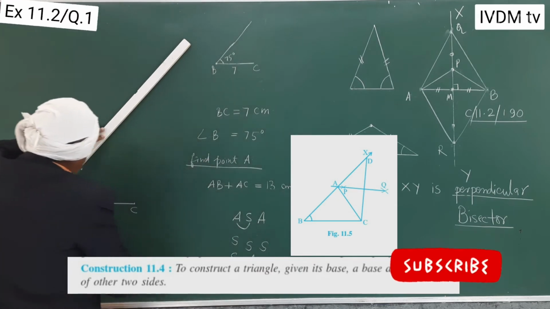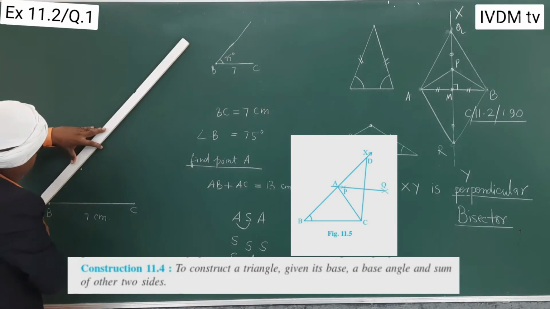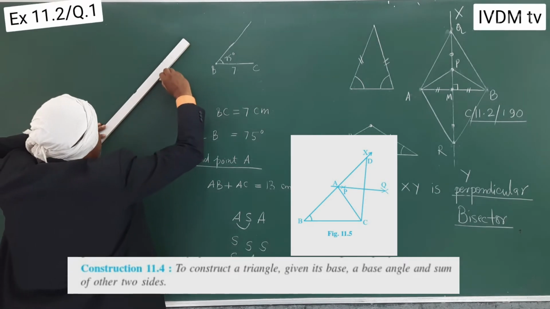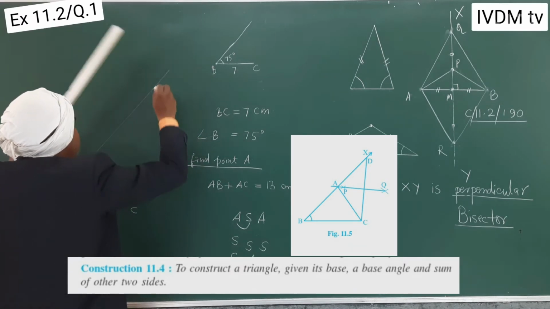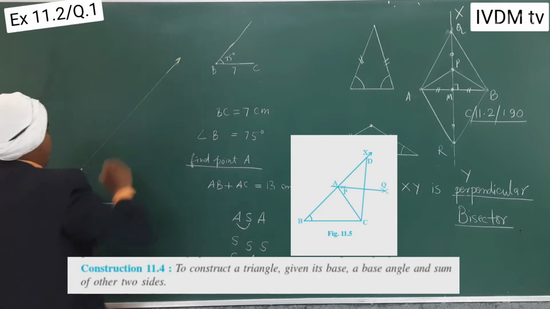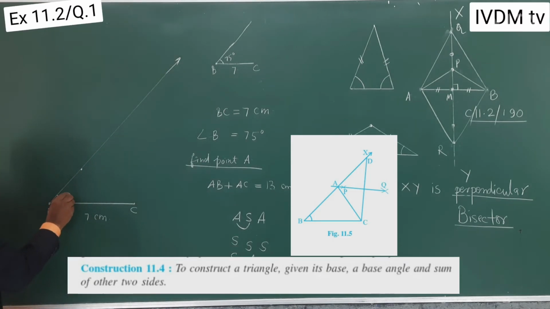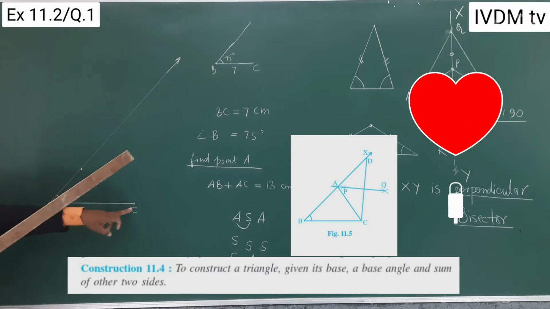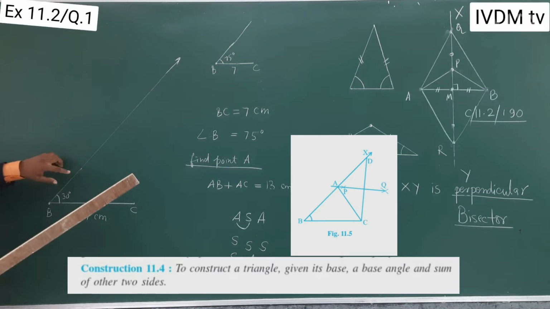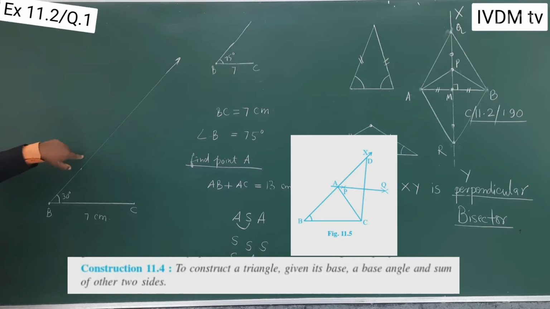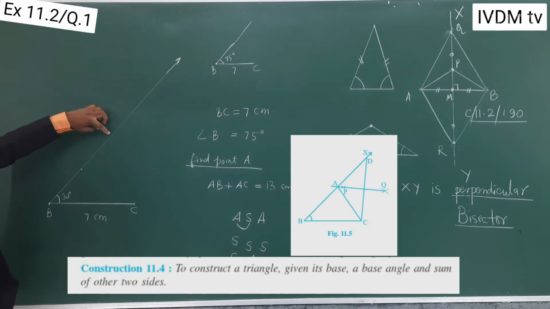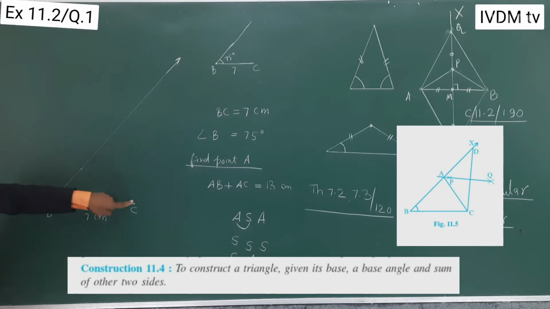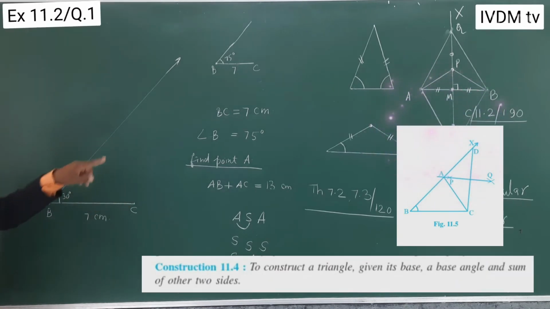So draw 30 degree. Yes, this is a ray whose angle is 30 degree. Then on BC, you have to find point A. The point A is such that on this line, AB plus AC is equal to 13 centimeter.